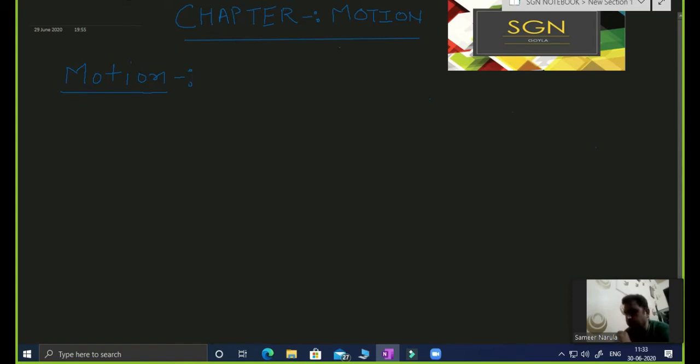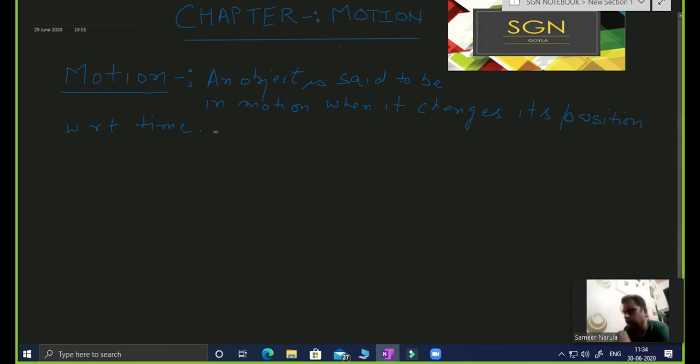As per the definition of motion, an object is said to be in motion when it changes its position with respect to time.